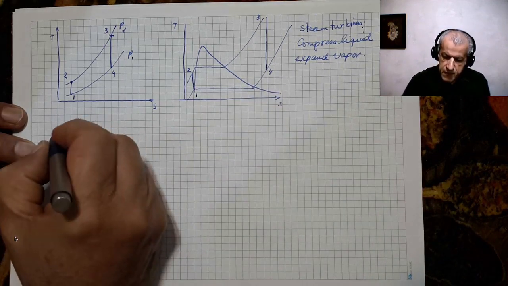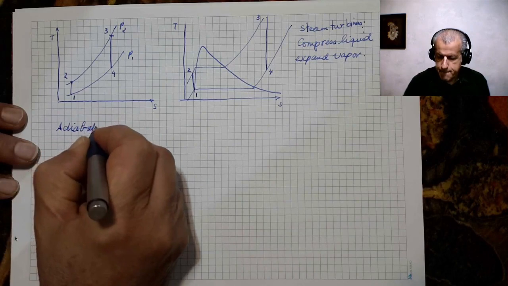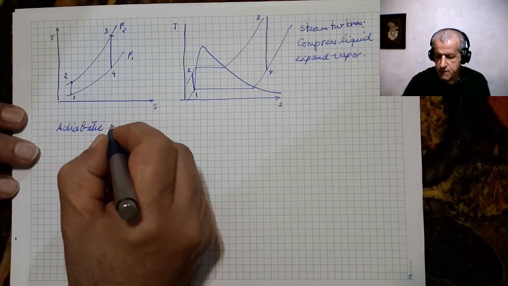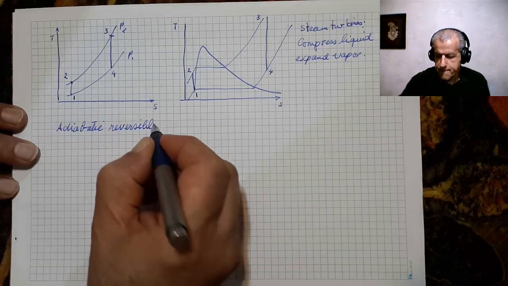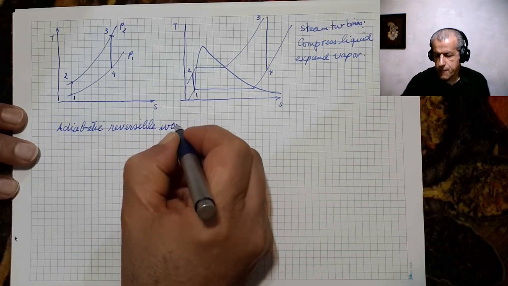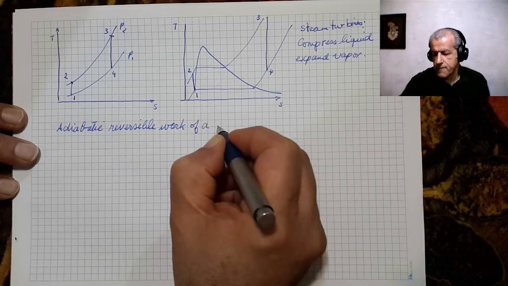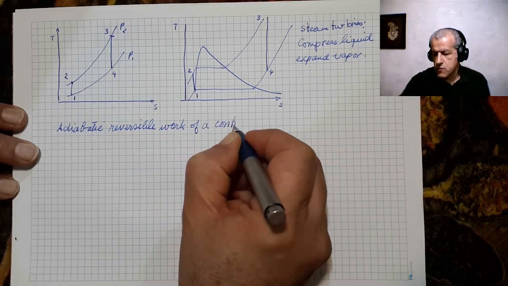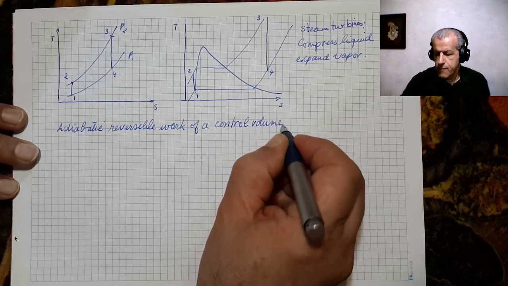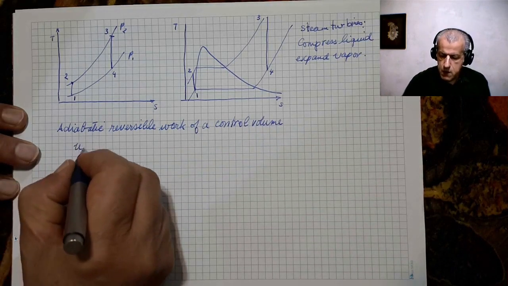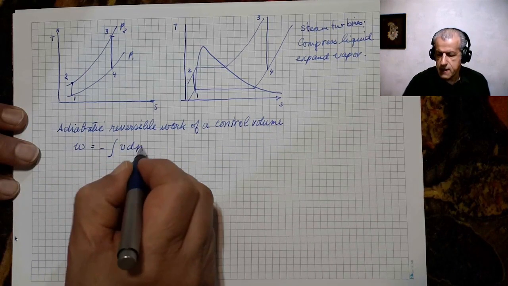So the adiabatic reversible work of a control volume is work equals minus integral VdP.